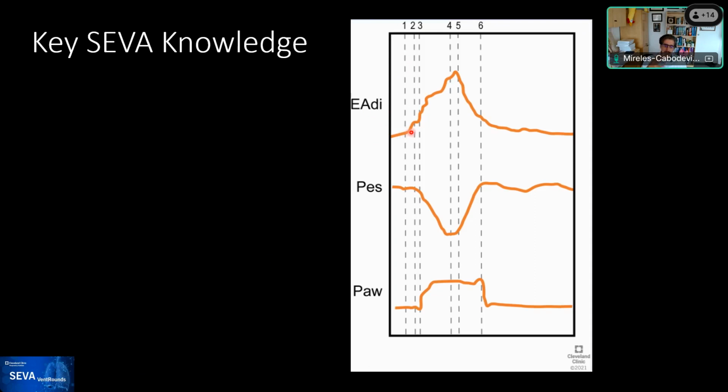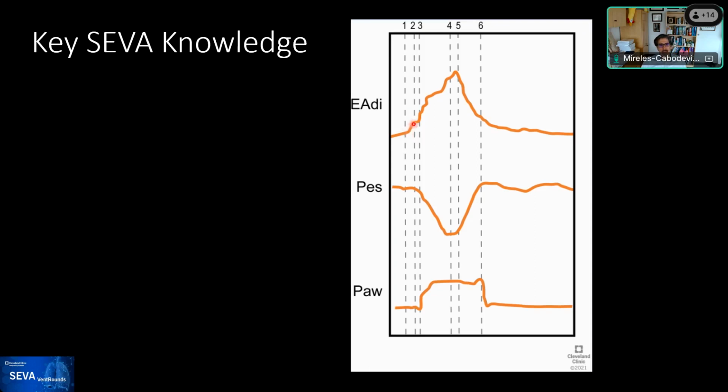One of the technological advancements of NAVA is that they created a simplified electromyogram of the electrical activity of the crus of the diaphragm. This is the profile that is cleaned by the software, and when it starts going up, it means that the signal from the brain is starting to hit.